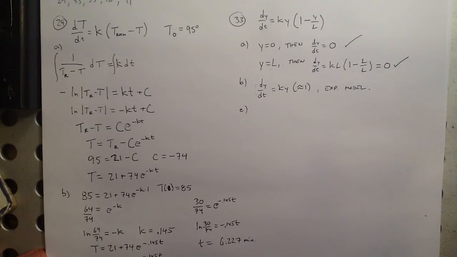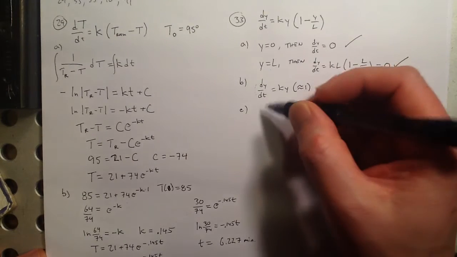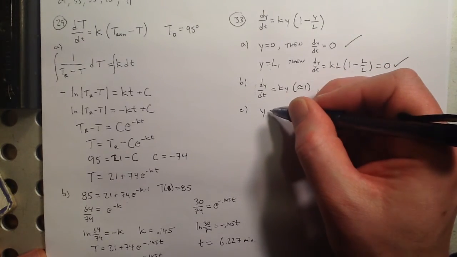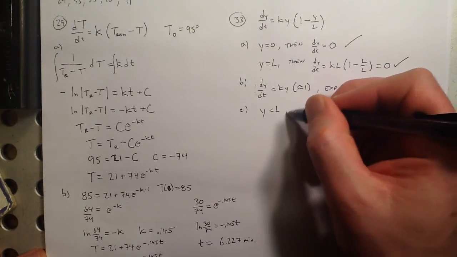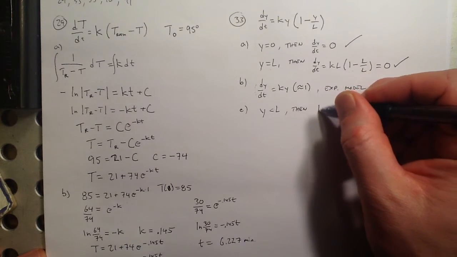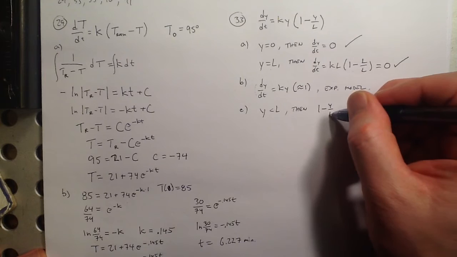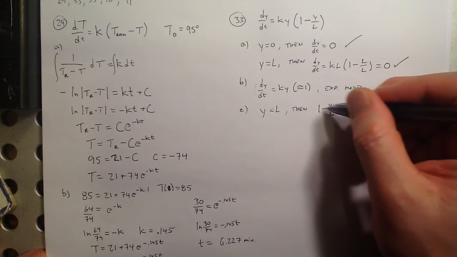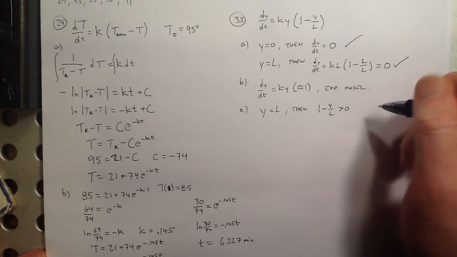Part C, explain why y increases when y is less than L and y decreases when y is greater than L. Well, because of this factor right here. If y is less than L, then 1 minus y over L is less than 1, so that would be positive.